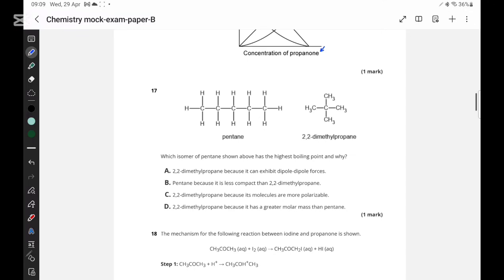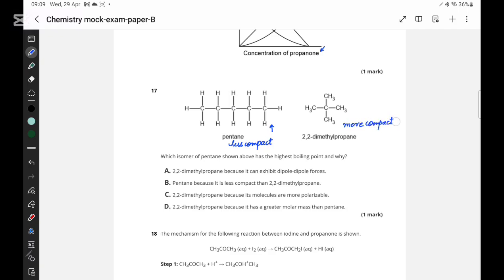For the 17th question, they are saying we have pentane and we have an isomer of pentane, which is 2,2-dimethyl propane. Which isomer of pentane shown above has the highest boiling point and why? Pentane has a less compact structure, and the other has a more compact structure.